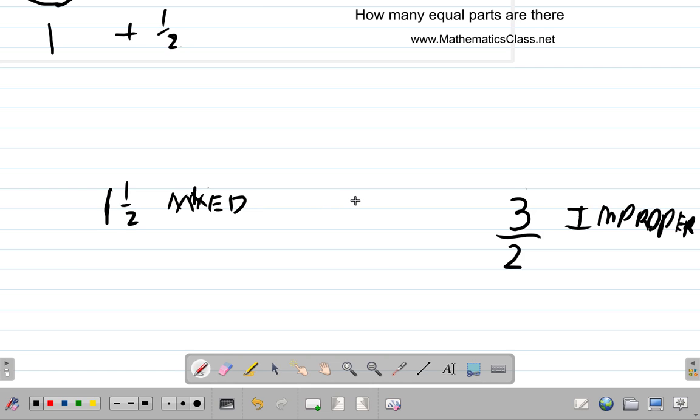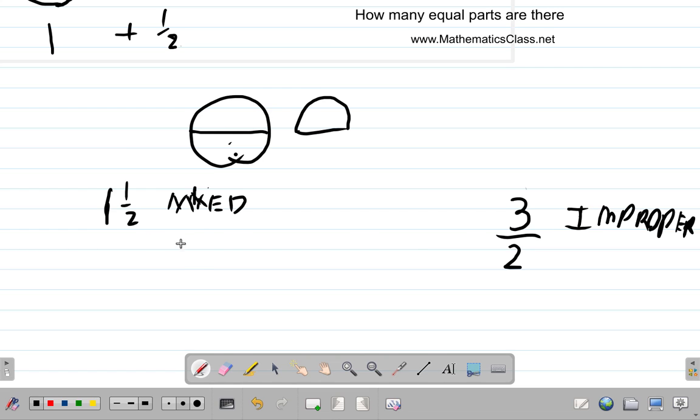You see that the mixed fraction is 1 and a half, as you saw before. But at the same time, this is showing that it is 3 halves. 1 half, 2 halves, 3 halves. That's 3/2.